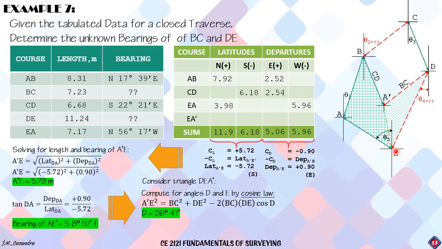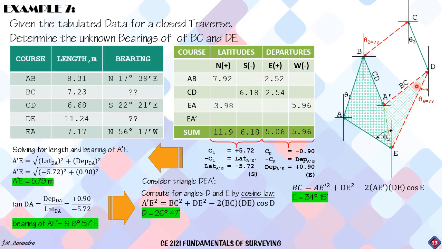So from the figure, D plus theta 4 is equal to the angle of the bearing for BC. But since we do not know theta 2 and theta 4, we still need one more value.